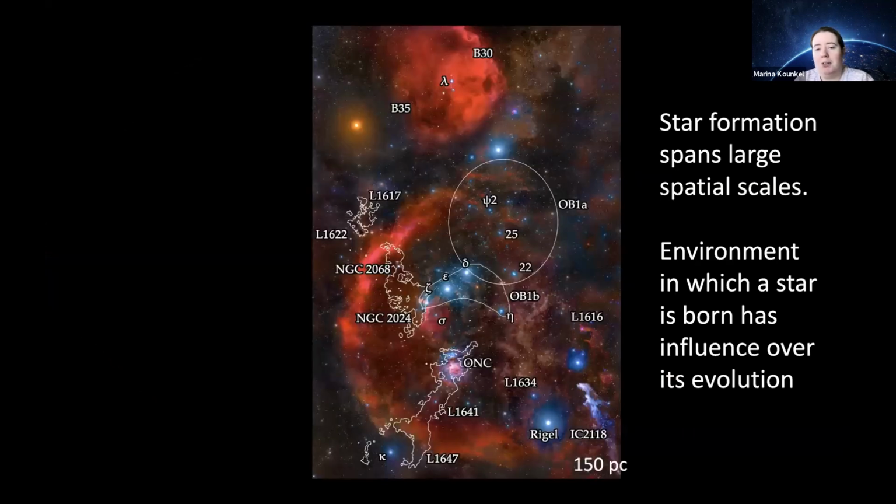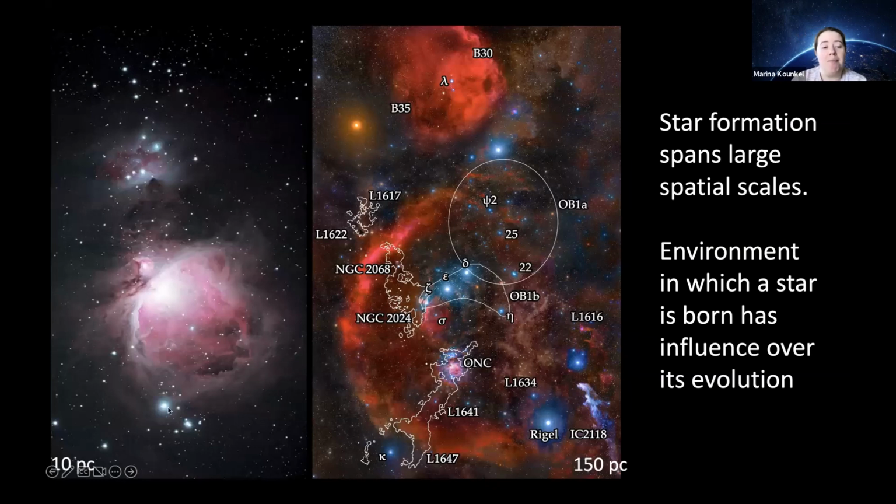But also, there is an issue of scale. So here is the full extent of the Orion complex. This is the entire constellation. Here we have the head, the shoulders, the belt, the sword, the knees. So you have young stars forming throughout this entire region, and it has multiple populations with ages of less than 10 million years.